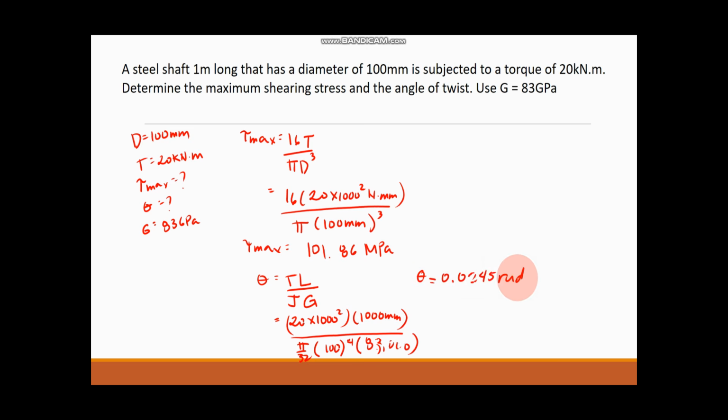So if we want to convert it in degree, multiply lang natin siya ng 180 degrees all over pi. So it is equal to 1.4 degrees. So the angle of twist is equal to 1.4 degrees. So ito yung hinahanap ng problem, the angle of twist, and then the maximum shear stress, which is 101.86.